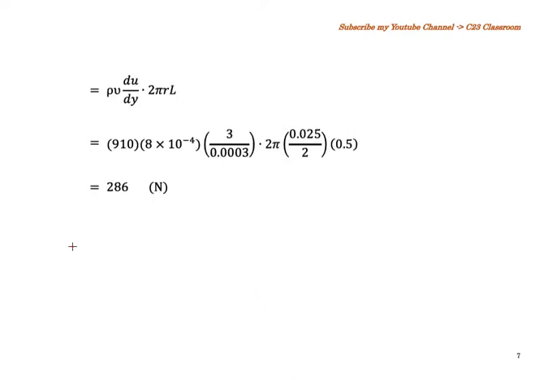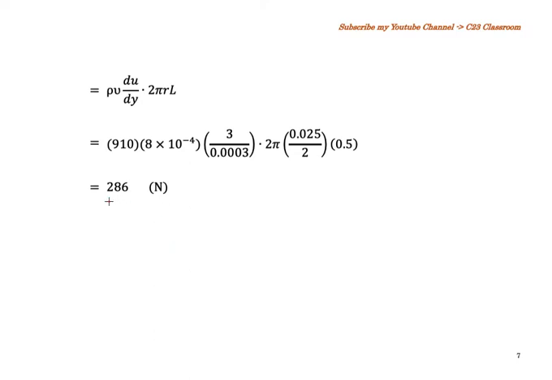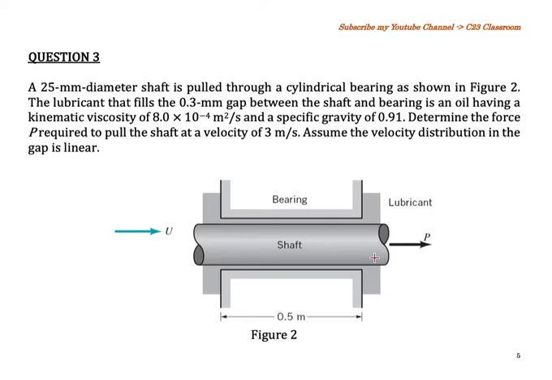And then we have an A here. A is the area, so we could replace A with 2 pi r and L. How do we get the value of 2 pi r L? We need to look back at the mechanism. The gap is actually from here to here.